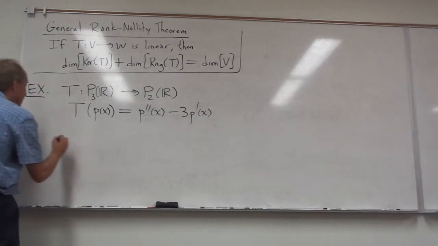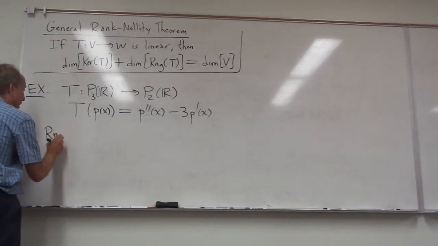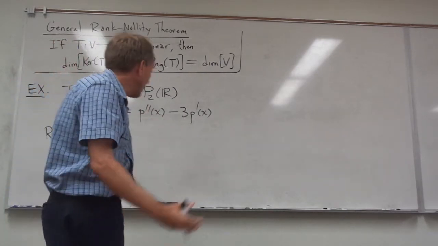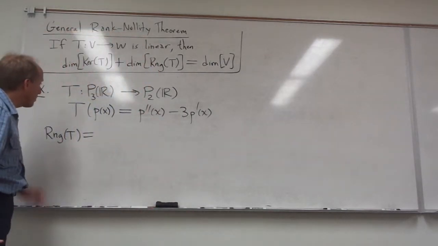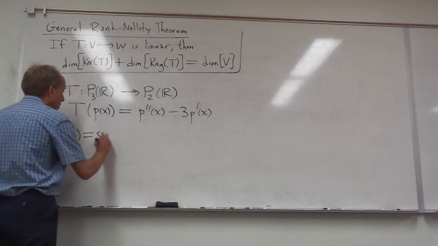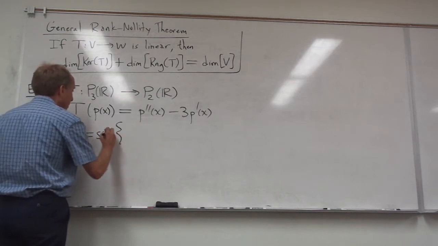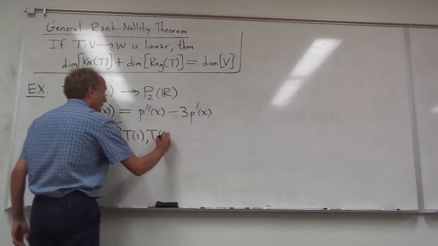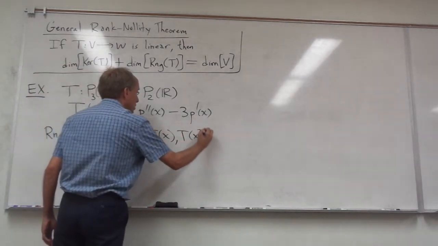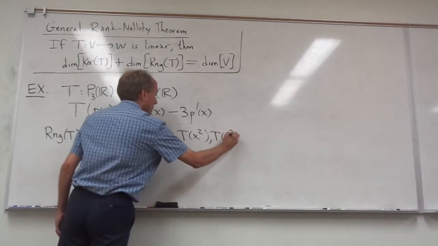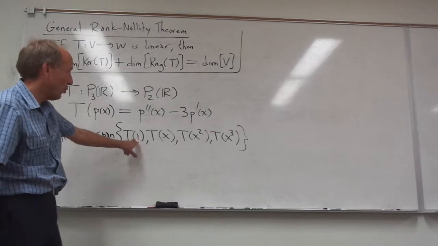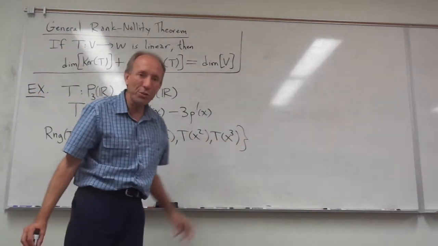Now, to figure out the range of this transformation, I'm going to start with the range because in another video that I made, the range of T is something that we were looking at. So from the other video, the range of T is just the span of the transformation of this basis. The most natural basis for P3 of R is just 1, x, x squared, and x cubed.